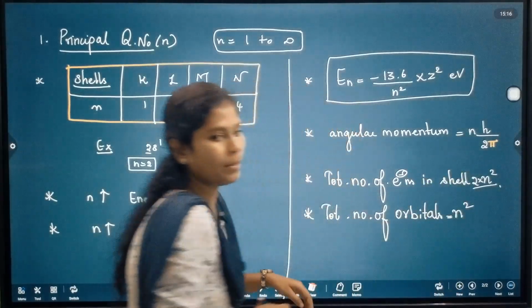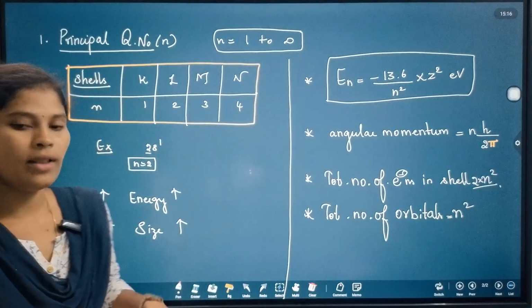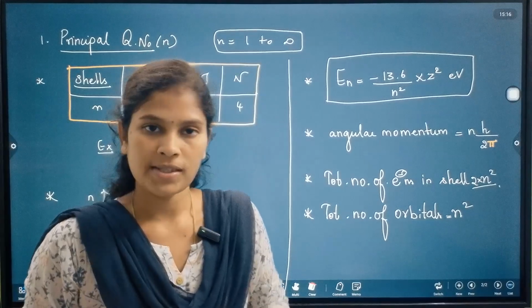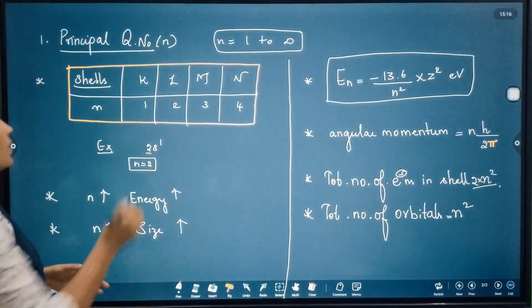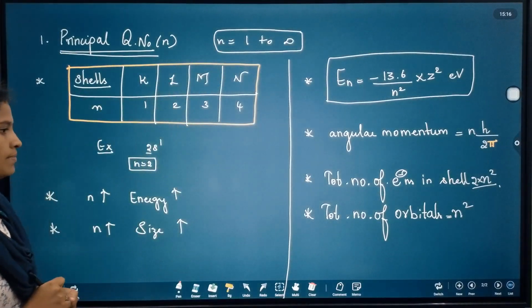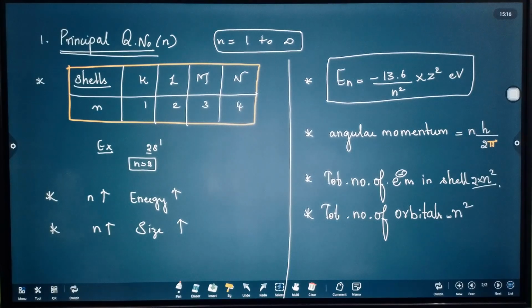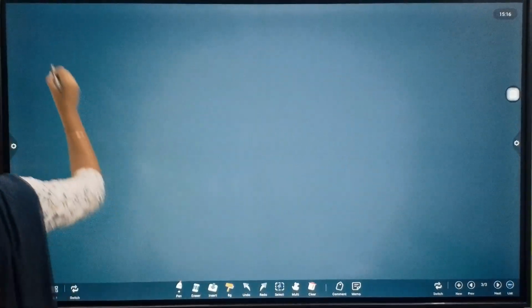Each orbital consists of 2 electrons, so for electrons we have to multiply by 2. So these are all the major applications of the principal quantum number. And this principal quantum number starts from 1 till infinity. Right. So the next quantum number here is the azimuthal quantum number.